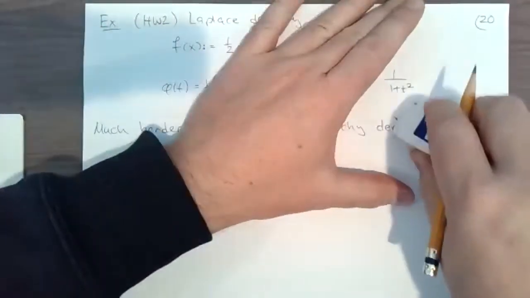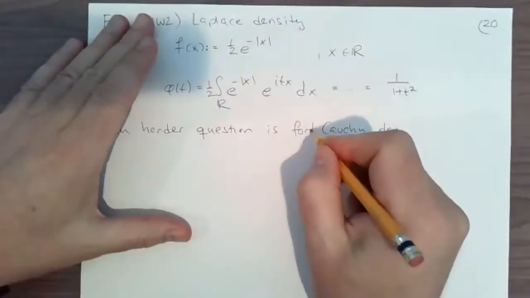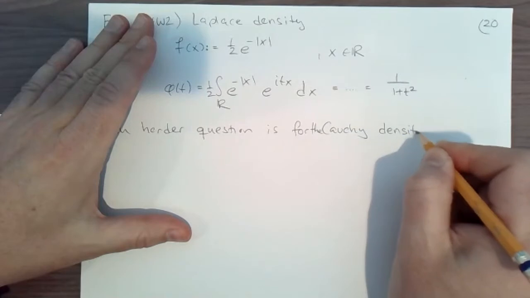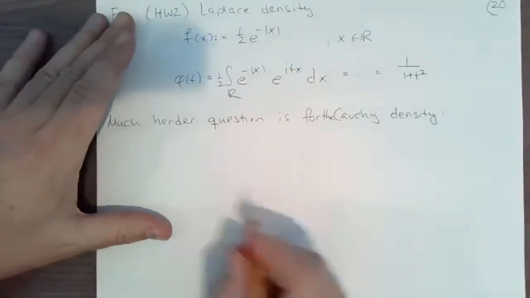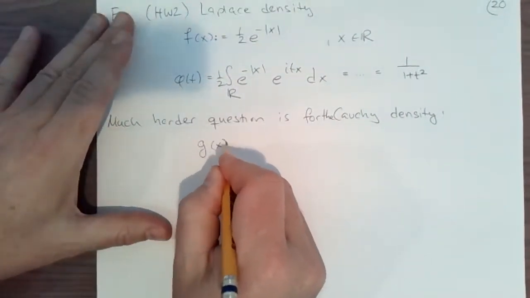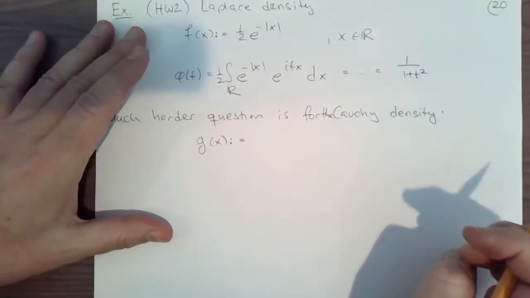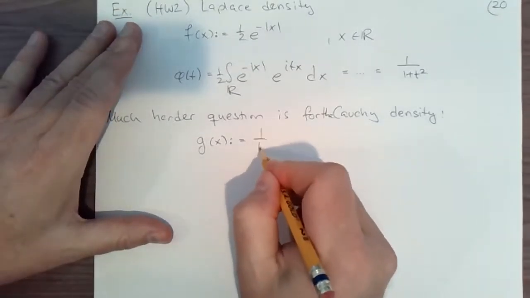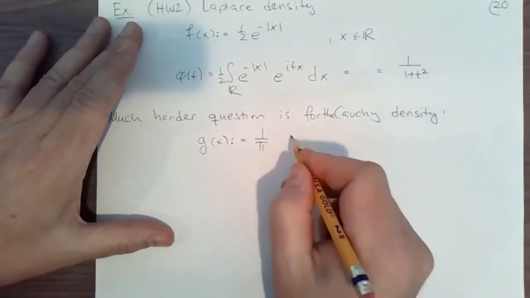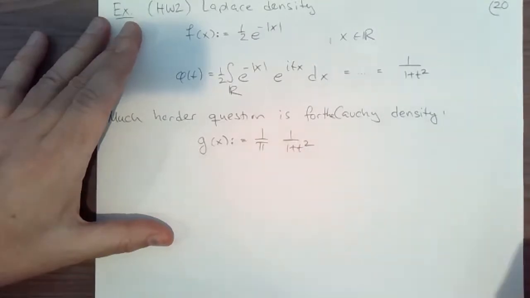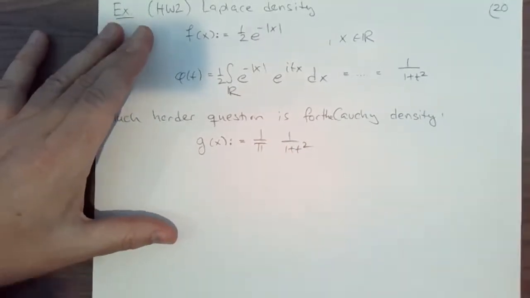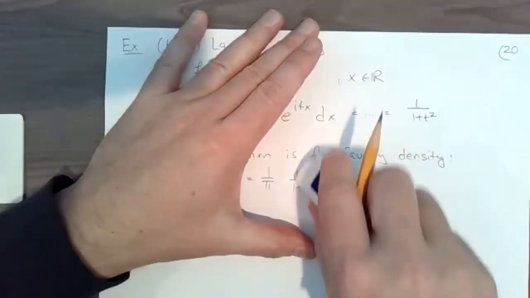It's for the Cauchy density. So recall what the Cauchy density is. This is g of x. This is 1 over pi, 1 over 1 plus x squared, right?